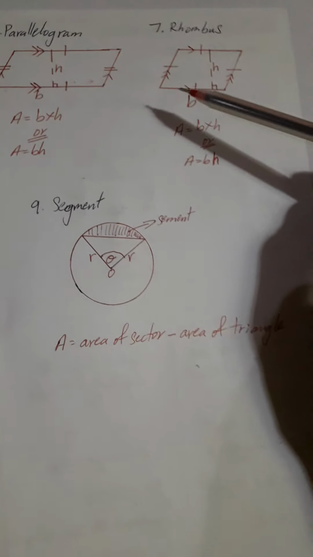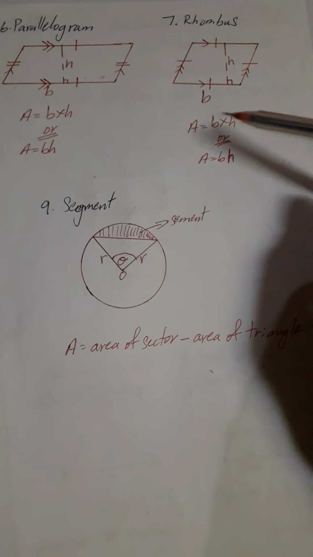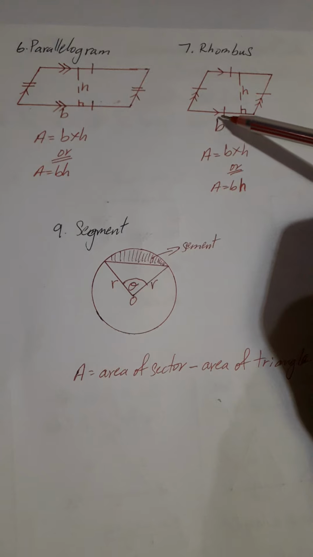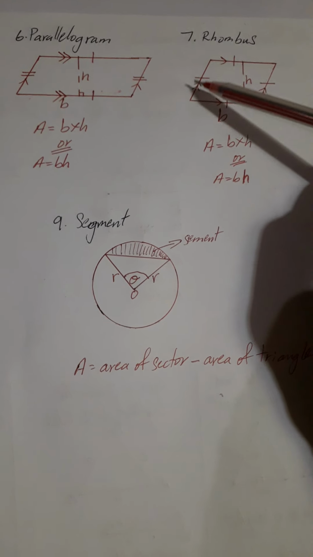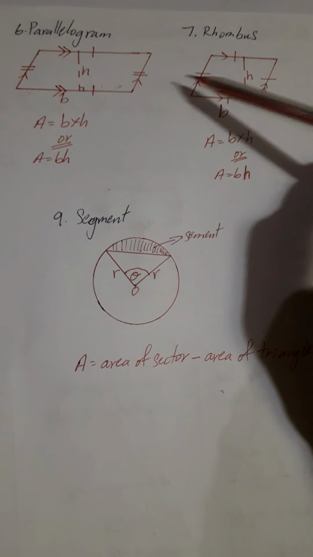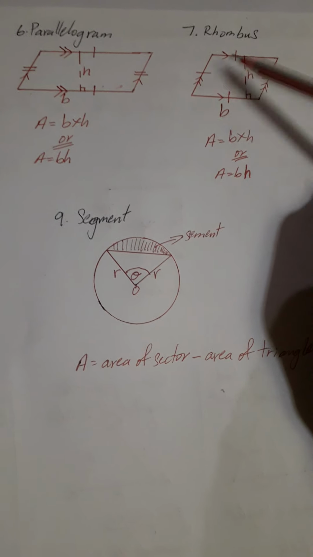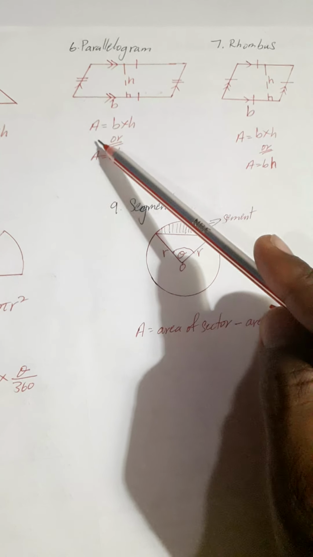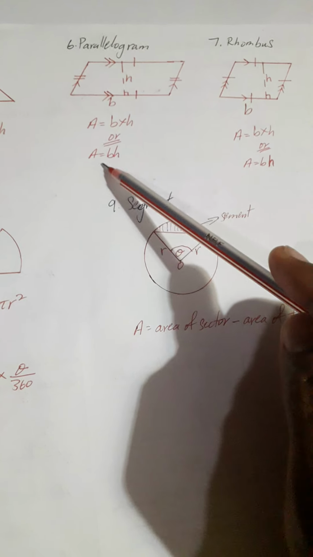And here we have a rhombus. A rhombus is more like a square, but it's just slanted. So with a rhombus, all 4 sides are equal. These two sides are parallel to each other. These two sides are parallel to each other. And the formula for the parallelogram and rhombus is the same. Area equals base times height, or simply bh, which means base times height.